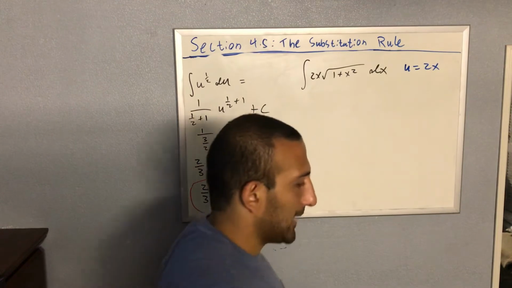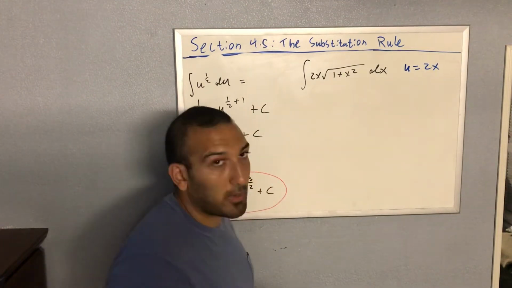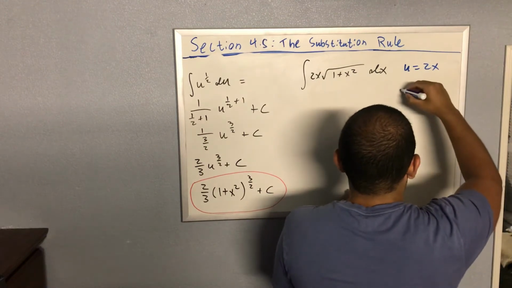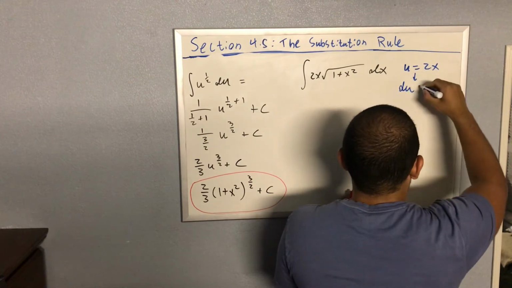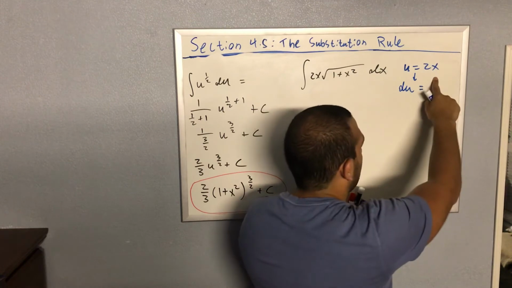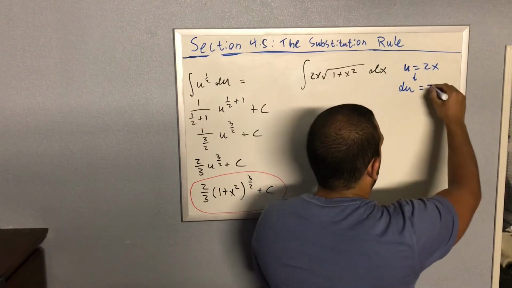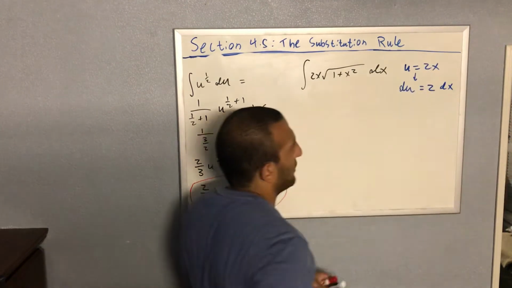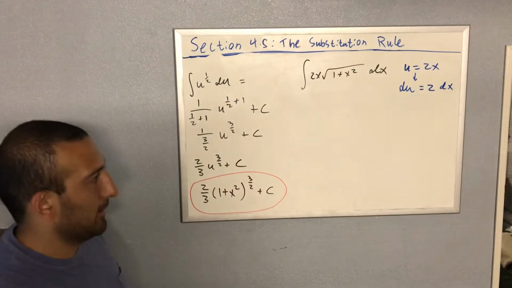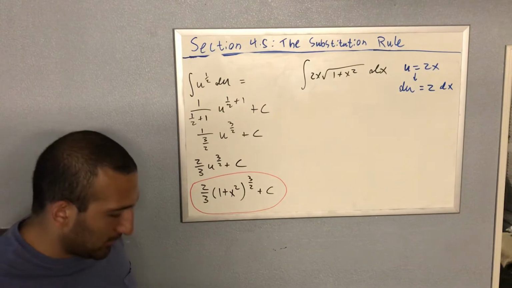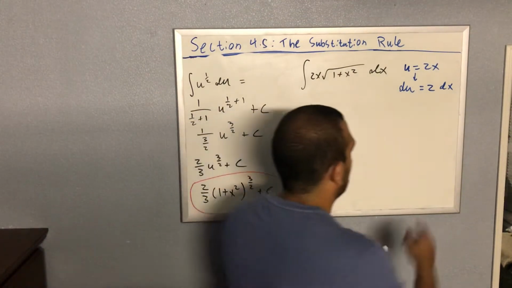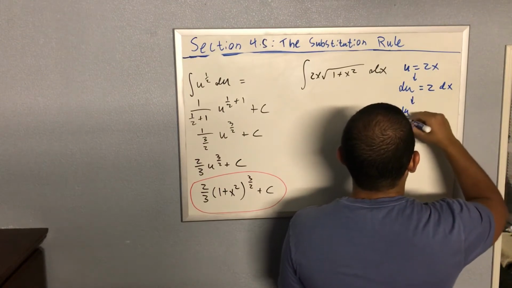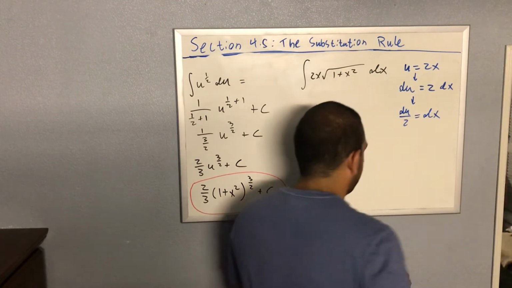Now, if we take the derivative, remember the shorthand way is u will turn into du, and then you just take the derivative of this, which is 2, and then whenever you do that, you just tack on dx. So take the derivative as normal and then tack on dx. Okay, so then what do we get when you divide by 2 is that du divided by 2 is dx.